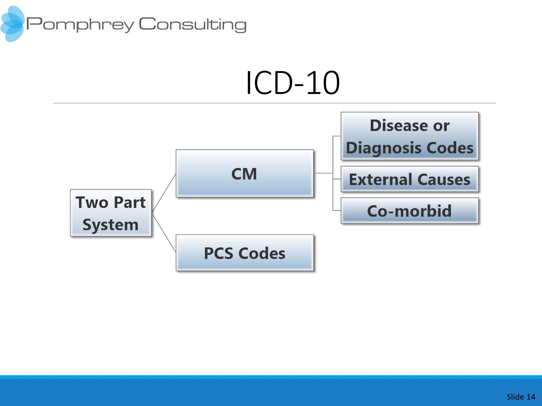You actually should have 2. The first couple of lectures are going to focus specifically on the CM part, and that is going to be identifying diagnoses. So here, going to the table of CM, you see we have diseases and diagnosis codes. You'll also be identifying those external cause codes from that CM code book.